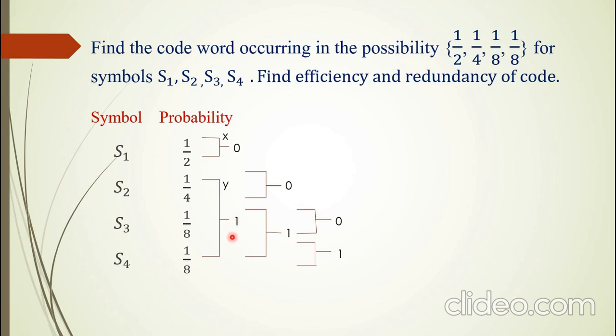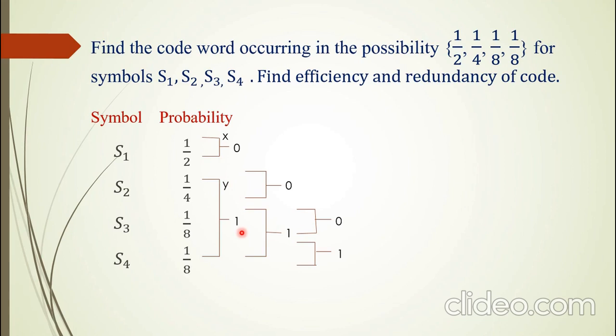One subset is X and the second is Y. Y has 3 symbols, S2, S3 and S4, and X has 1 symbol, S1. X gets bit 0 and Y gets bit 1.